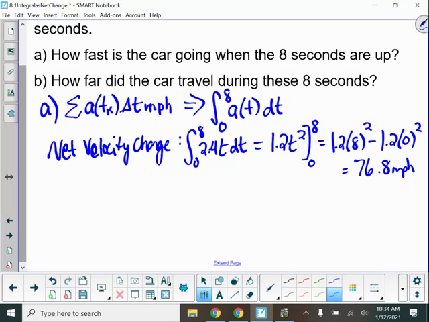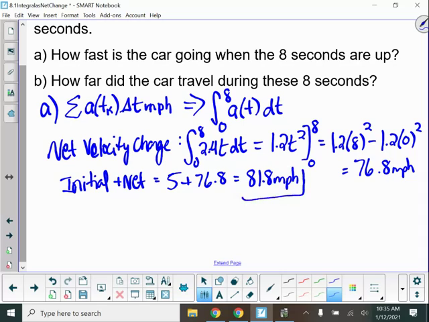So then my total is going to be my initial plus my net velocity. My initial is 5, my net was 76.8. So at the end of those 8 seconds, the car is going to be traveling 81.8 miles per hour.